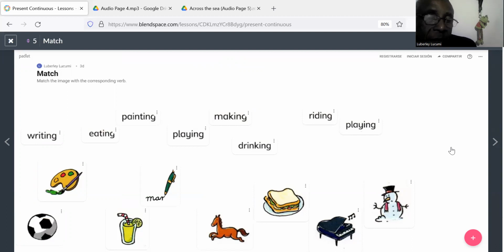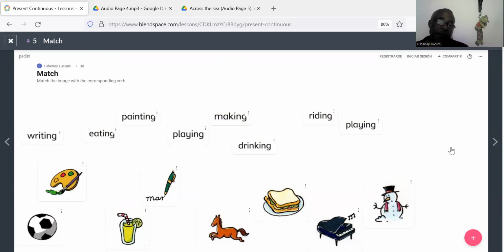Okay, what is the idea? Match, as its name says, means join action with object. We need to use the object for doing something.